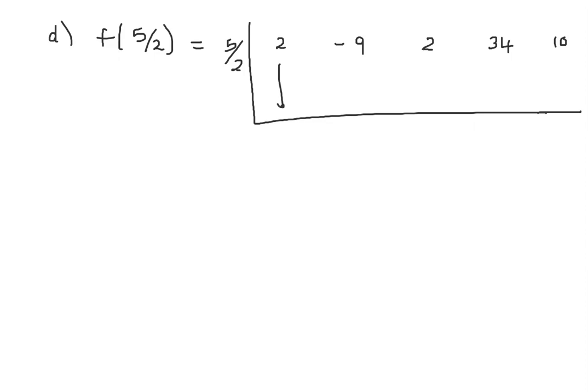So we have 2. 5 halves is 5, so negative 4. It's going to be negative 20. Negative 18 is negative 9 is negative 45.